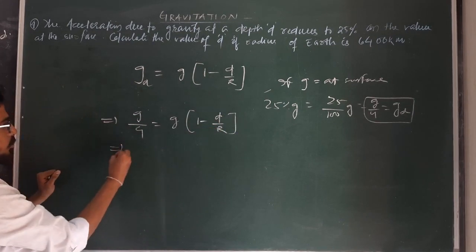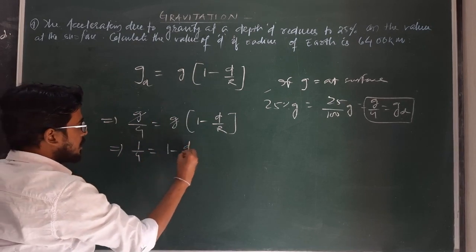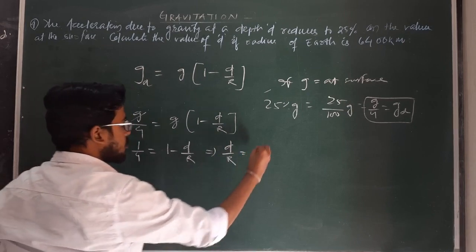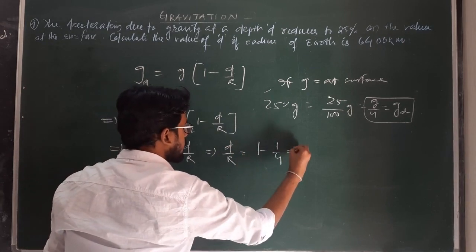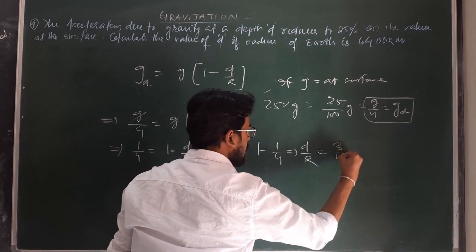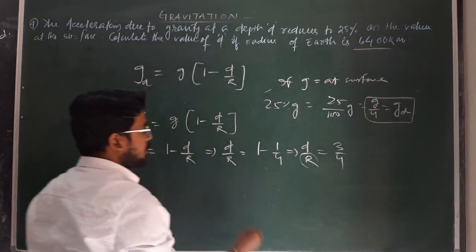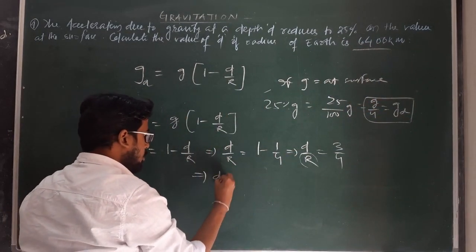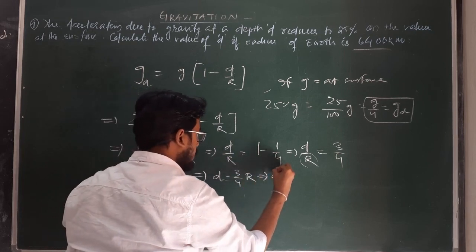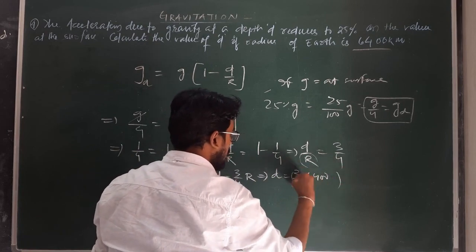So this implies g will get cancelled, 1 by 4 equal to 1 minus d divided by r. So this implies d by r equal to how much? 1 minus 1 by 4. So this implies d by r is equal to 3 by 4, and we know the value of r is how much? 6400 kilometer. So this implies d will be equal to 3 by 4 into r, or d equal to 3 by 4 into 6400 kilometer.